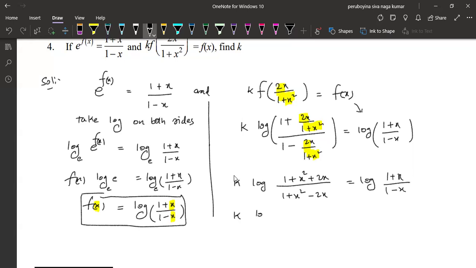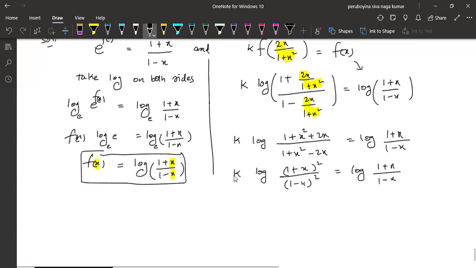So k into log of 1 plus x whole square divided by 1 minus x whole square, which is 1 plus x by 1 minus x whole square, equal to log of 1 plus x by 1 minus x. There is no change on the right side.